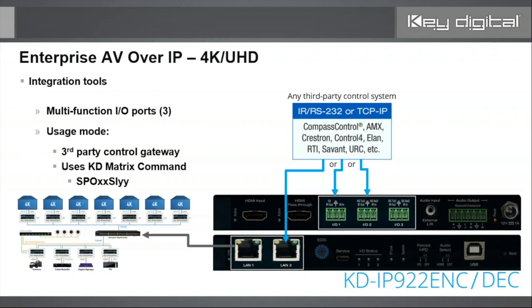Any control system sends us the same exact switching command that they've been sending our matrix switchers for over 10 years. We've been using the same command, SPOXXSIYY. XX is your output number. YY is your input number. So it means signal processing, output XX, select input YY.